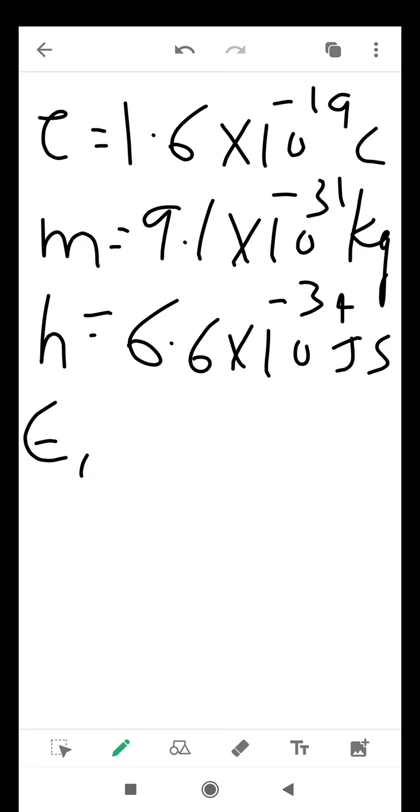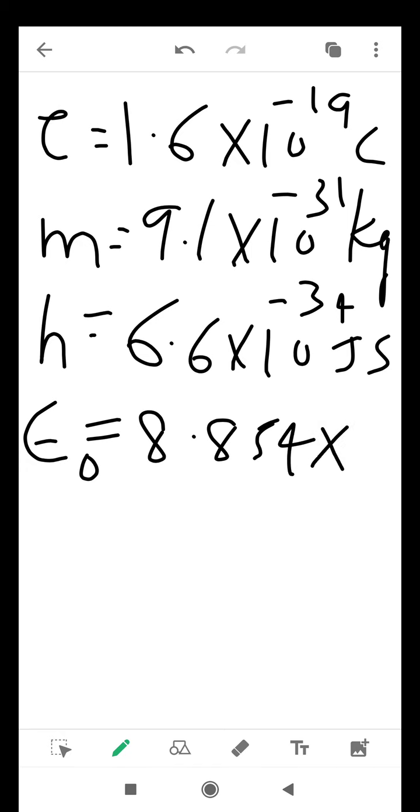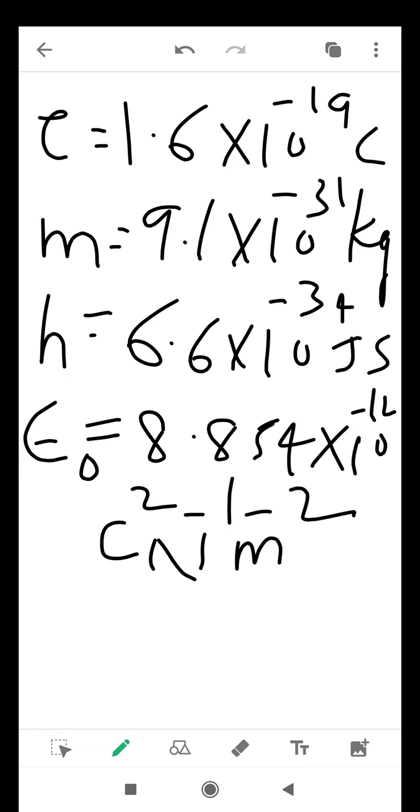Epsilon naught, absolute permittivity, is 8.854 into 10 raised to minus 12 coulomb square per newton meter square. By substituting all these constants, we get the Bohr's radius value A0 equal to 0.53 angstroms.